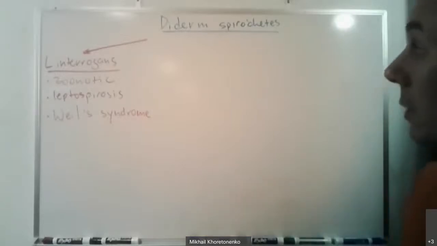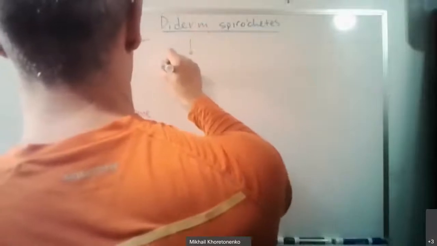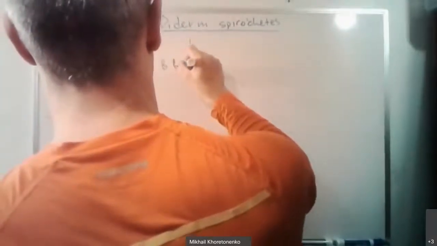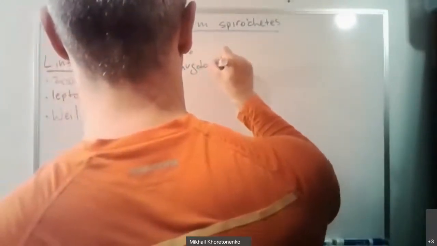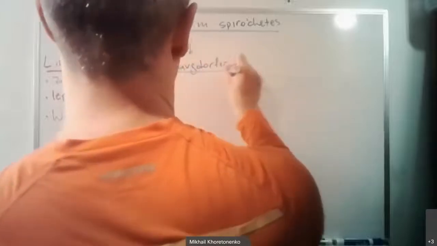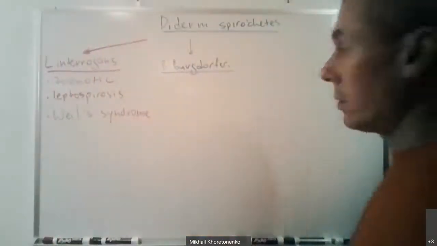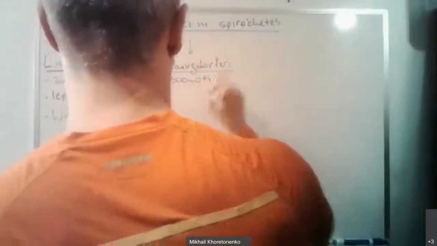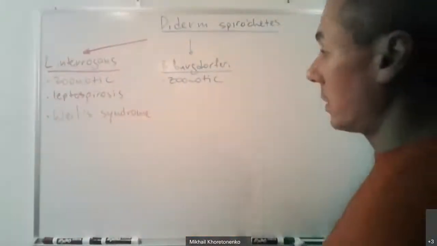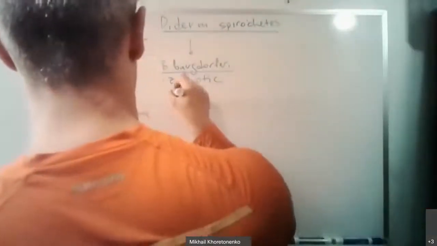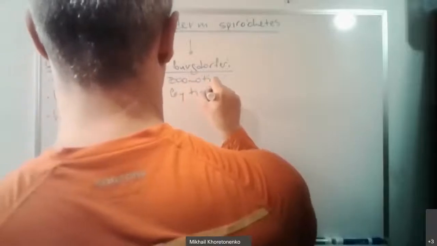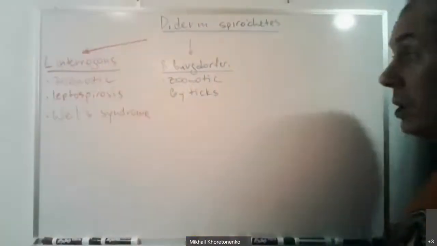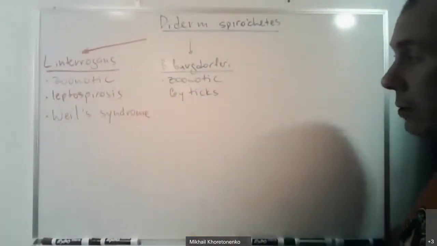Another D-Derm that I wanted to mention is Borrelia burgdorferi. A causative agent, zoonotic causative agent, causing Lyme disease. It is transmitted by ticks, which are example of biological vector here.